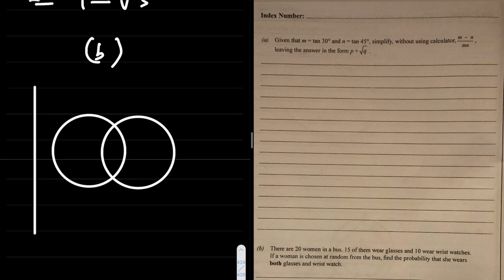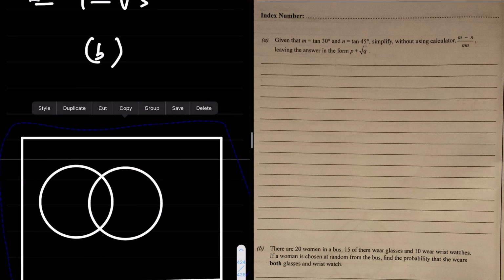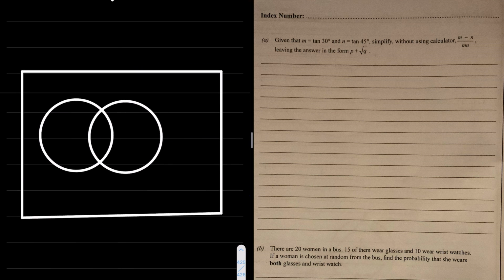Let's have it this way. Now this is a universal set. The number of elements in it is 20.